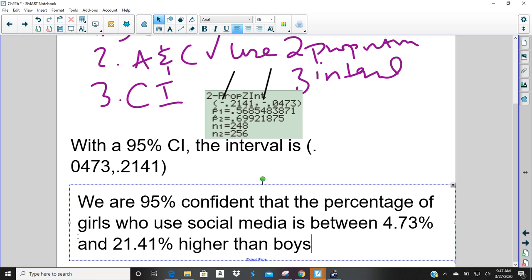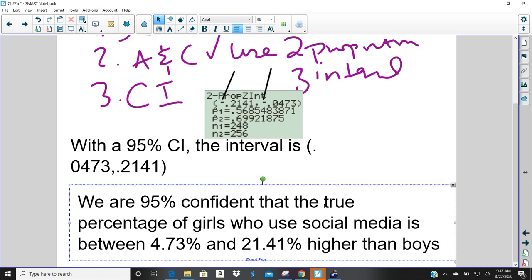Okay. And I would probably just want to squeeze in here and say that the true percentage, or true proportion, of girls who use social media is between 4.73% and 21.4% higher than boys. Okay.